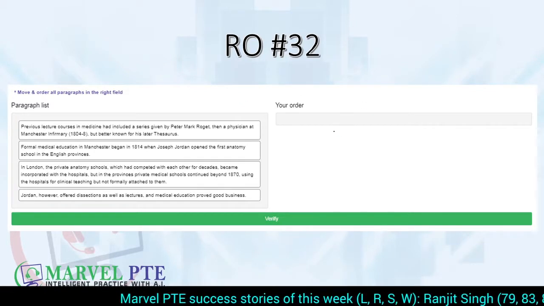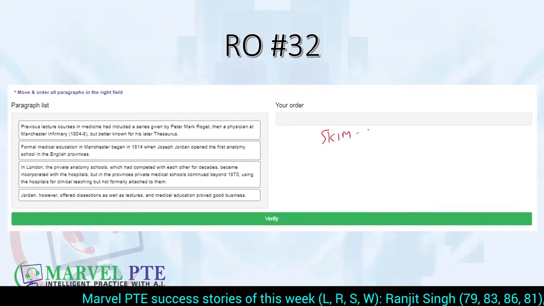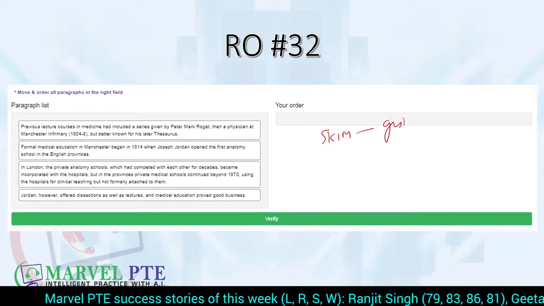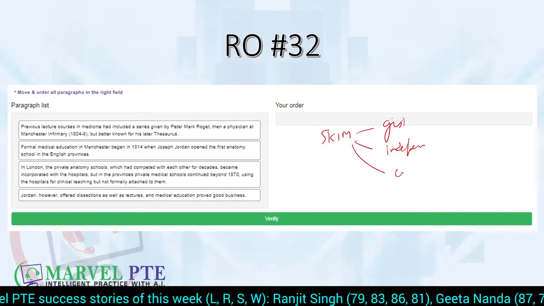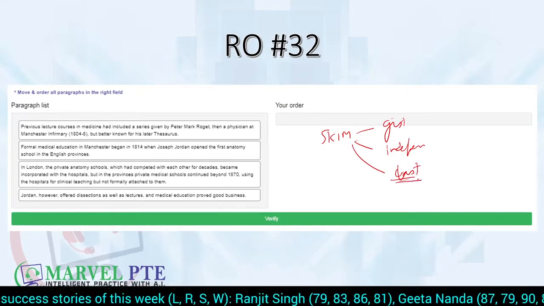Okay, so now you know that we skim the paragraph first for understanding the gist, to find independent line, and to find last line. Okay, so let's get started.